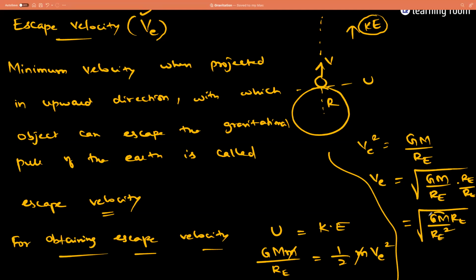So what is GM divided by RE square? It is small g. So square root of g into RE is what is going to be the escape velocity. Clear with this?